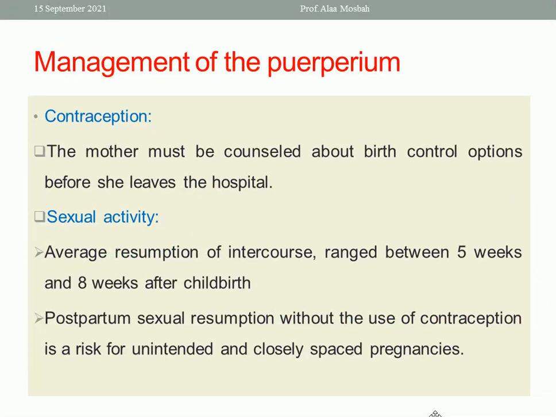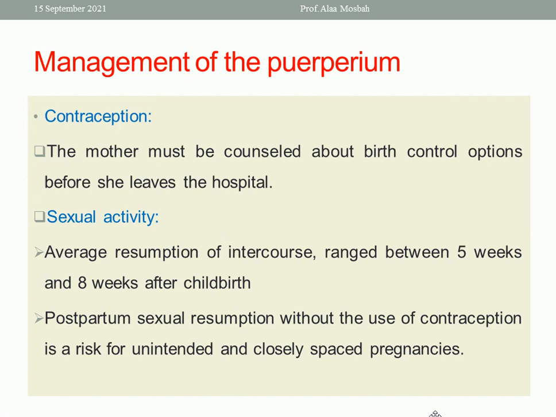You should counsel the patient about birth control options before she leaves the hospital, and also give her guidance about when to start sexual activity. The average resumption of intercourse ranges between 5 to 8 weeks after childbirth.